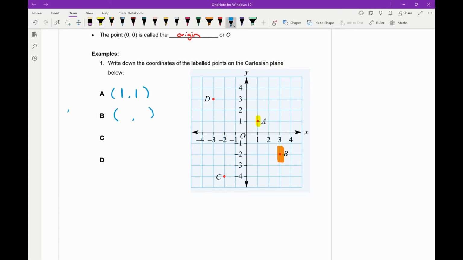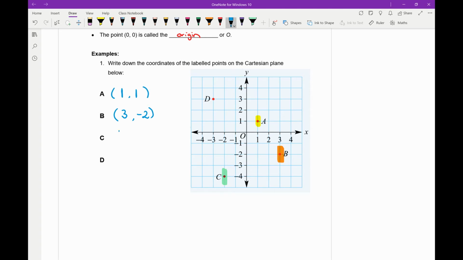Okay, and then the second number is the y number. So from the B, we come across to the y-axis, and that is -2. So the coordinates we have here are 3, -2. C, down here, the x value, so from here we come up to the x, which is -2.